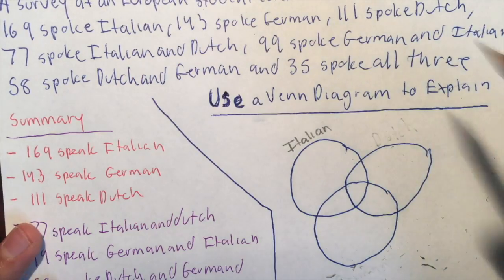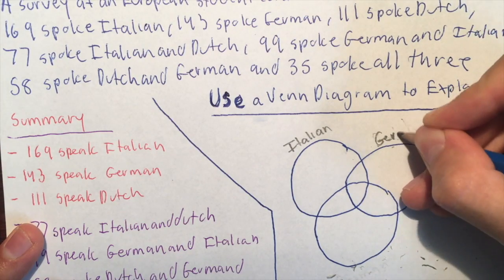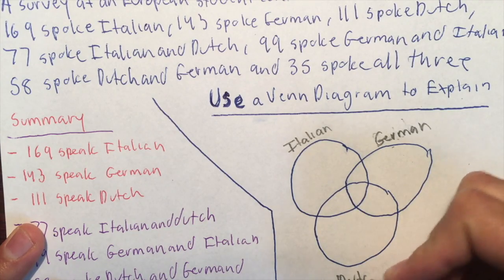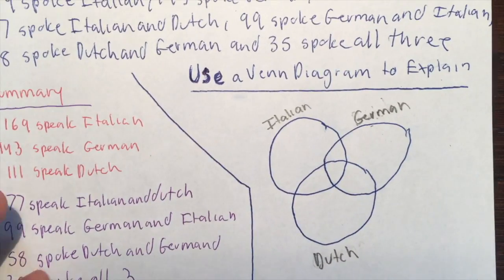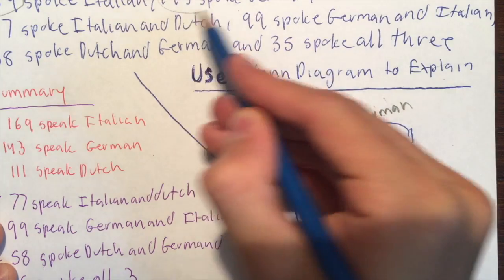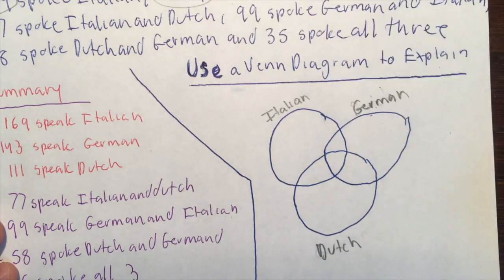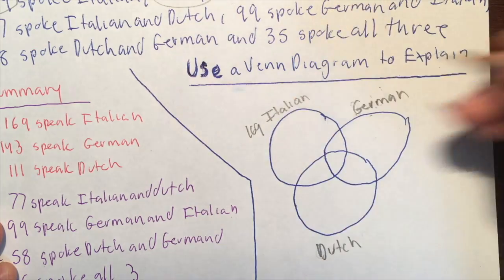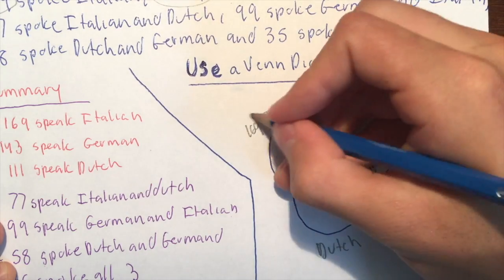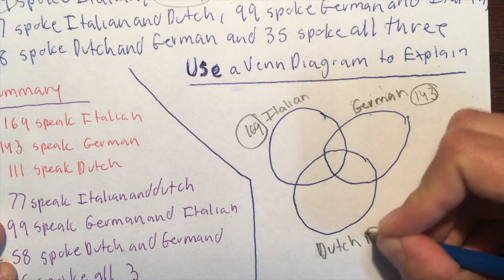All right. German, and we've got Dutch. Also, we want to write down the quantities of how many people spoke each language. So here we have 169 total, 143 total, and 111 total, just so we know.